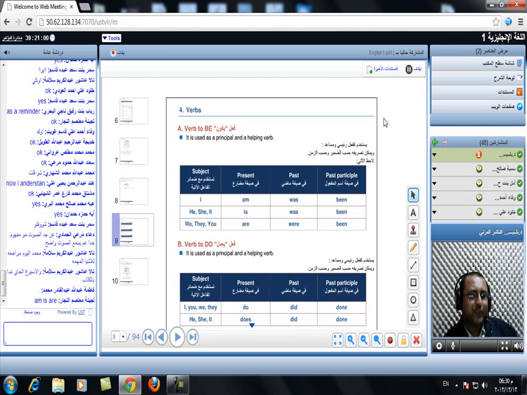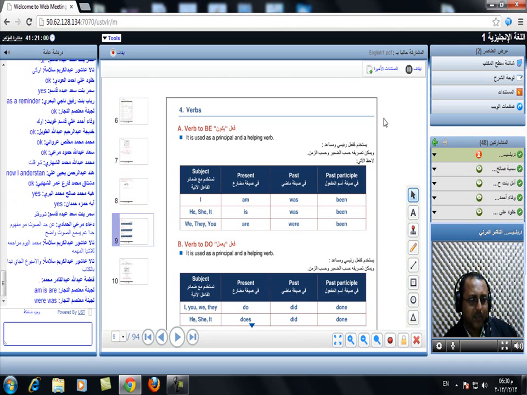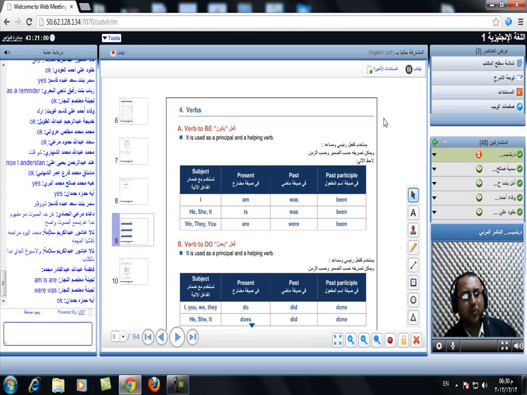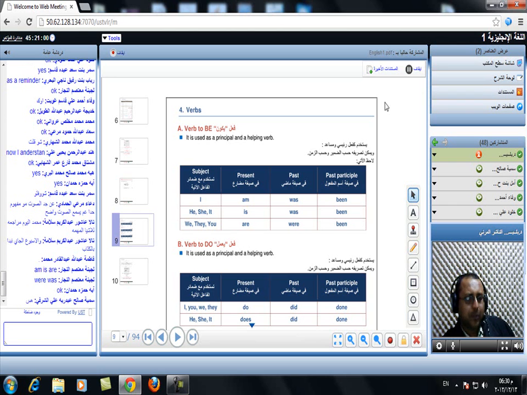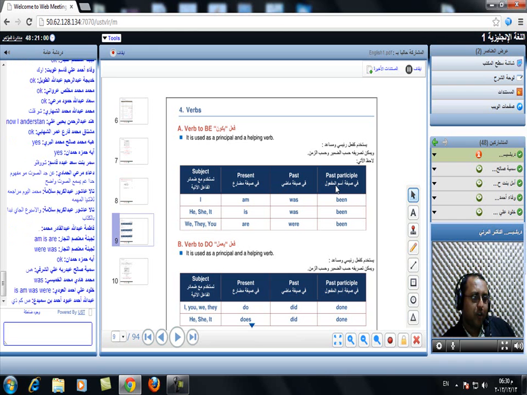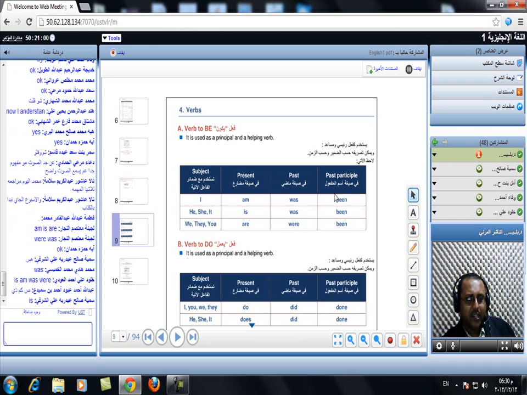What are the past forms of is, am, are? Can you tell me? Very good, Lujaina. Was and were. Was is the past of what? Of is and am. Were is the past form of are. Now see here the table. I is used with am; in the past it is used with was; in the past participle it should be been.